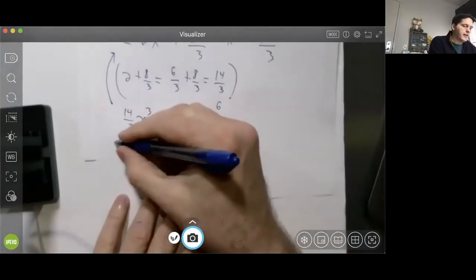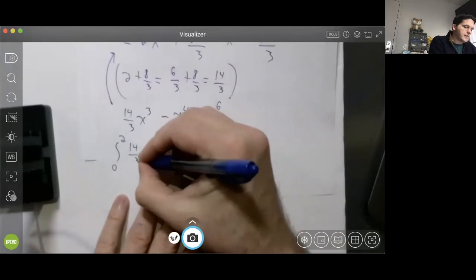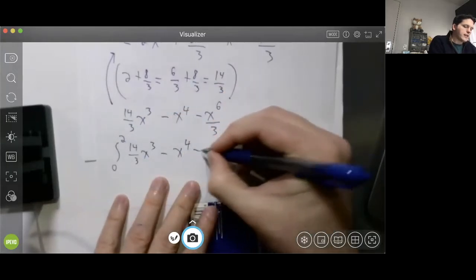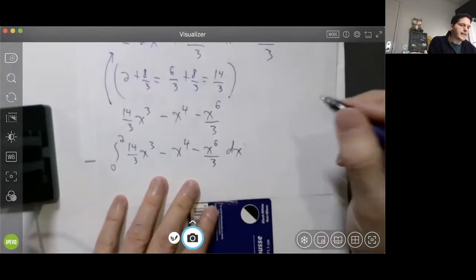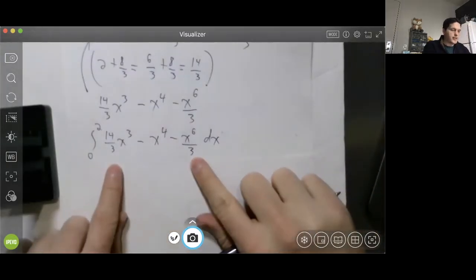So let's do the integral from 0 to 2 of 14/3 x cubed minus x to the fourth minus x to the sixth over 3 dx. To evaluate this integral, we have to find an antiderivative of this function.